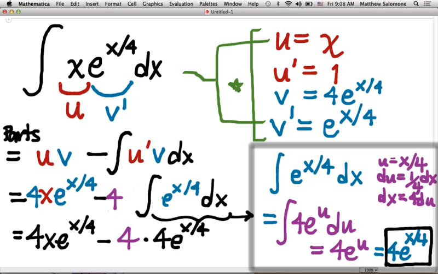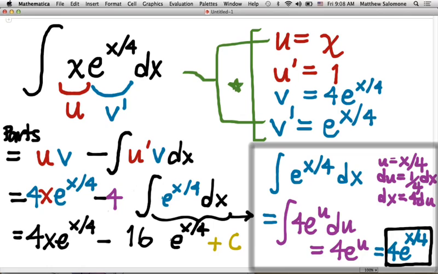And we'll just write 4 times 4 to be 16. So we end up here with 16 times e to the x over 4, and this is only missing one thing, plus c. And so there's an application of the integration by parts formula.